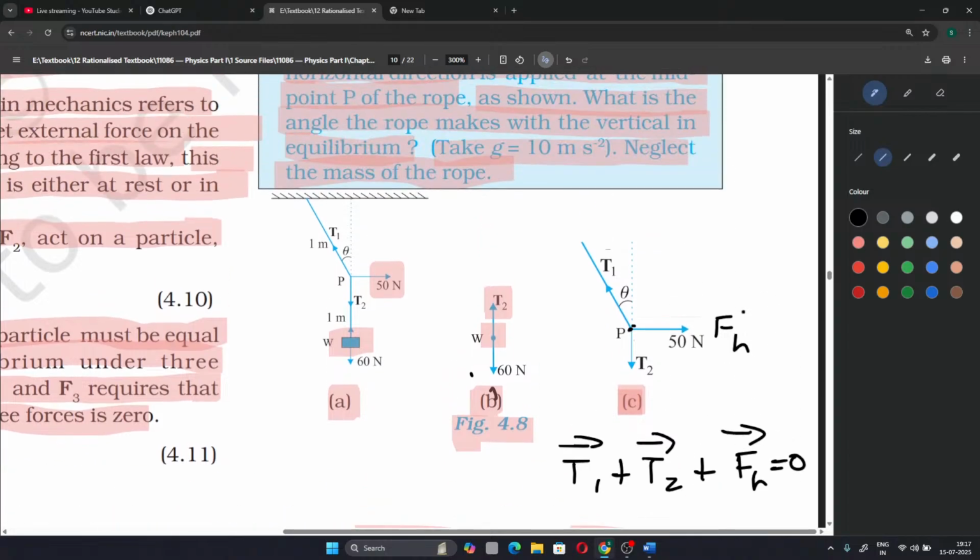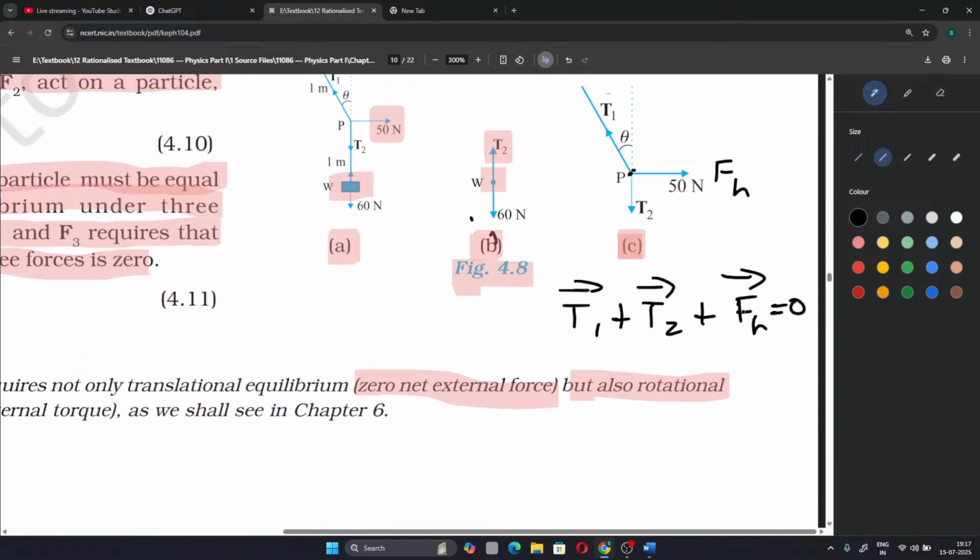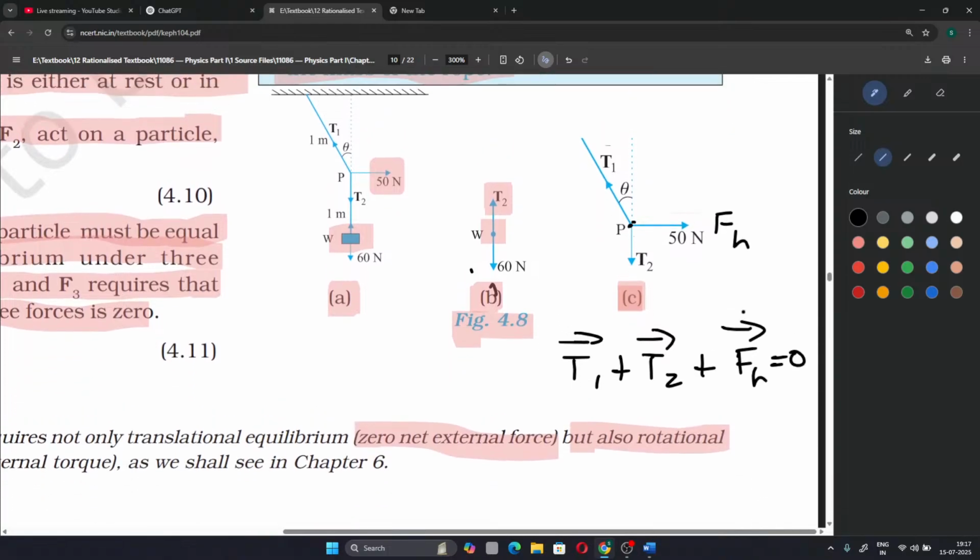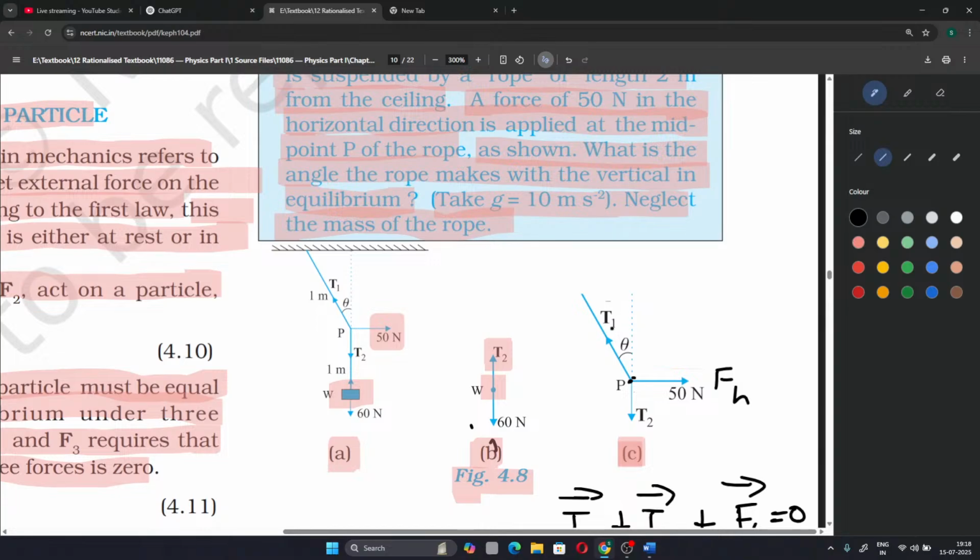This is the clue we got. And we should take horizontal components and vertical components separately. T2 and the horizontal force, which is 50 Newton, do not need to be resolved as they are acting in the vertical and horizontal directions respectively.